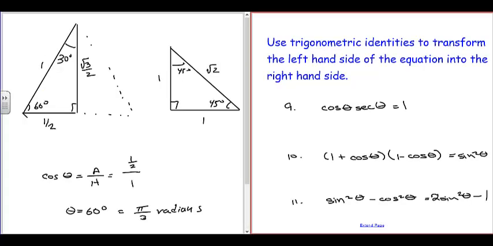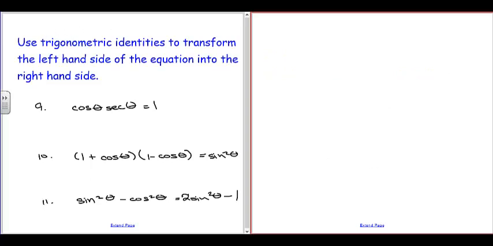Okay, next one says use trigonometric identities to transform the left-hand side of the equation into the right-hand side. Now we're going to talk more about trig identities in chapter 5. But what we can do here, since we are in the right triangle section, is define these in terms of opposite, adjacent, hypotenuse.